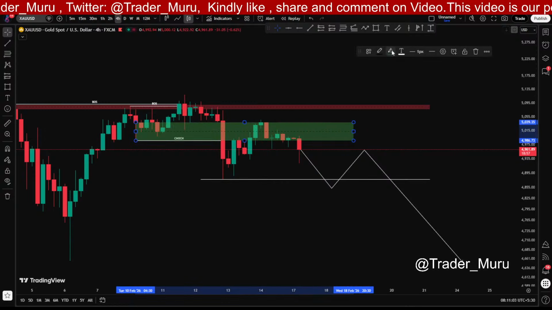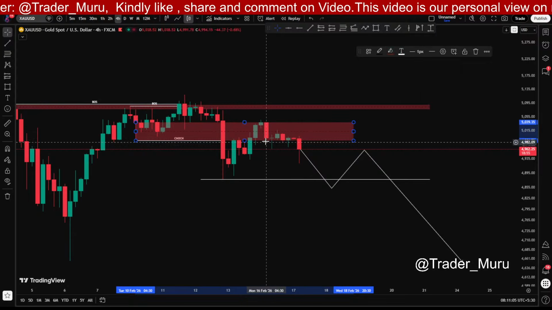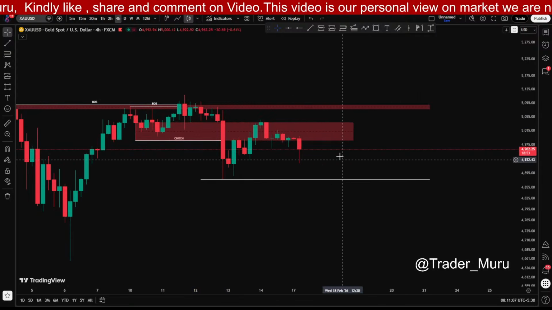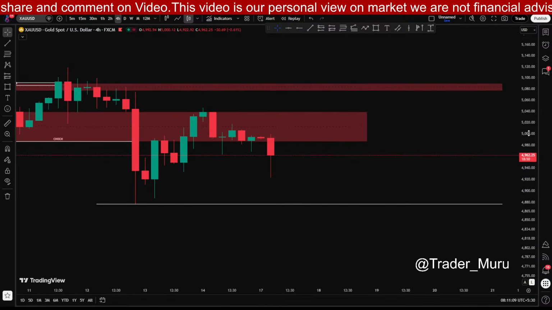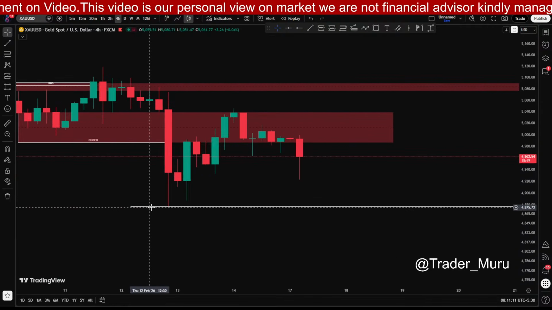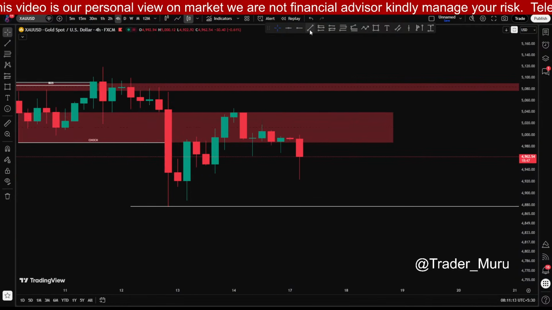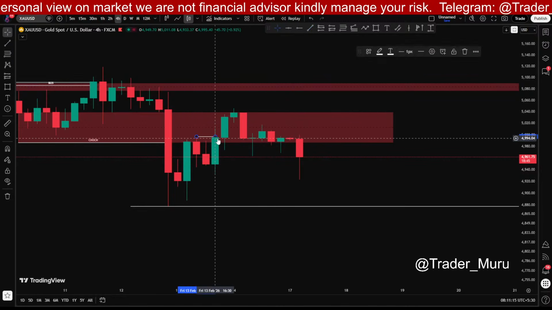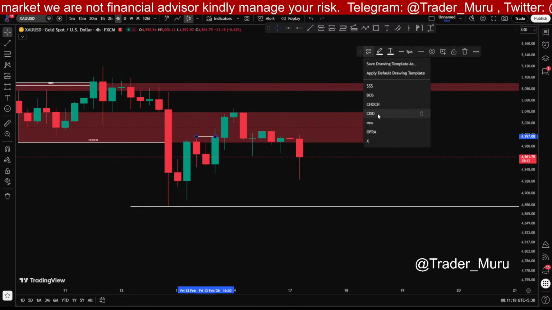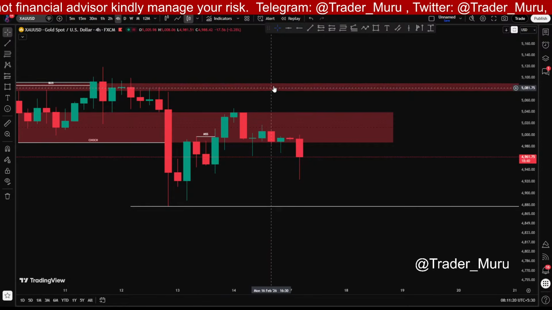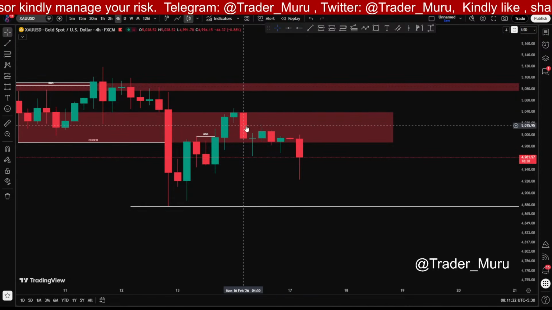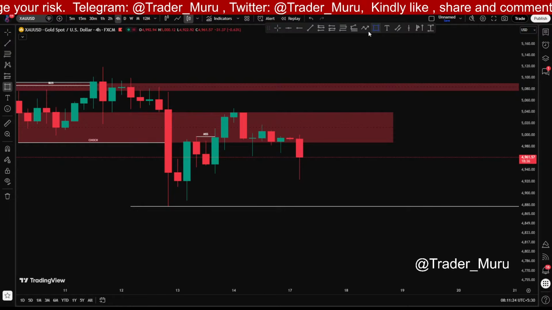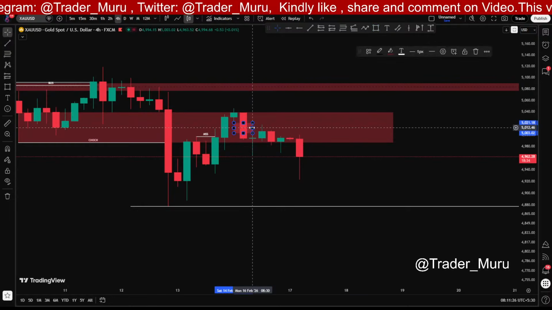After that, we can see price is dropping here, and here we have a smaller uptrend. This is a market structure shift and price is pumping. We have an evening star and price dropped from this FVG.